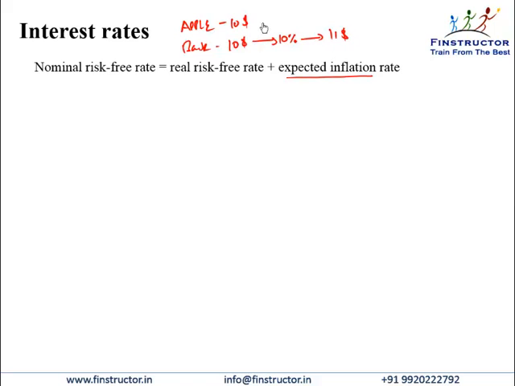During the same period, that is during the same 1 year, the price of an apple has also increased by 10% and has now become $11. The apple earlier cost $10, it now costs $11. So your money has grown to $11, but what is your real return?